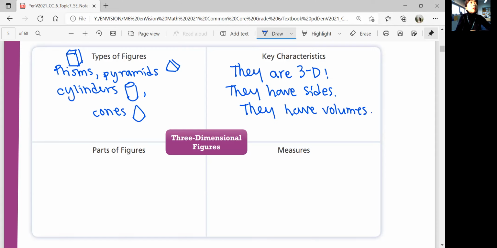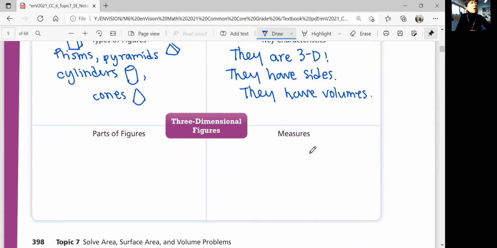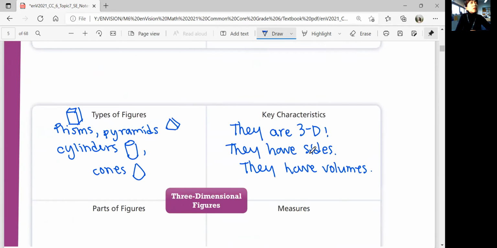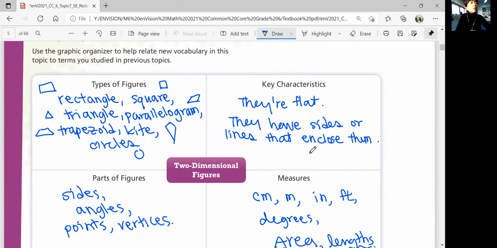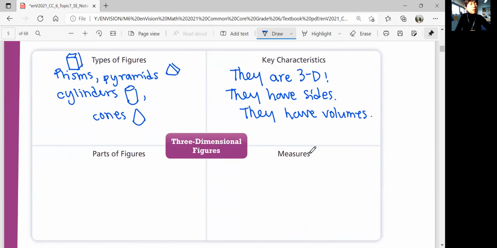Okay, so for measuring, you can measure the area or the length of the sides, right? For two-dimensional figures. Okay, then three-dimensional figures, you also have sides.